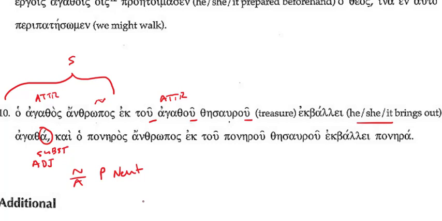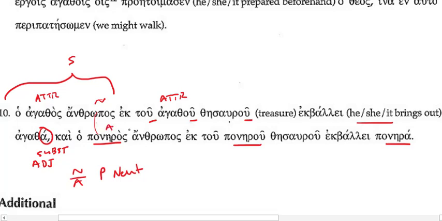All right. Good. And then over here we flipped it in that we've switched from good to wicked or evil, right? Poneros. Everything else is the same, except poneros characterizes the man, the treasure, and what he brings out. Same kind of adjective uses, right? This first one is what use of the adjective?